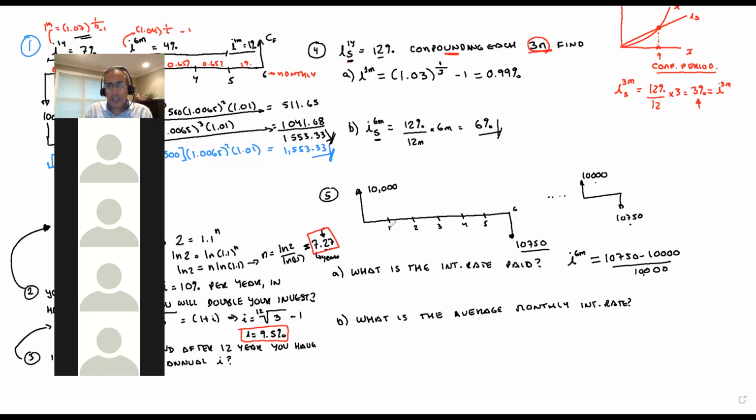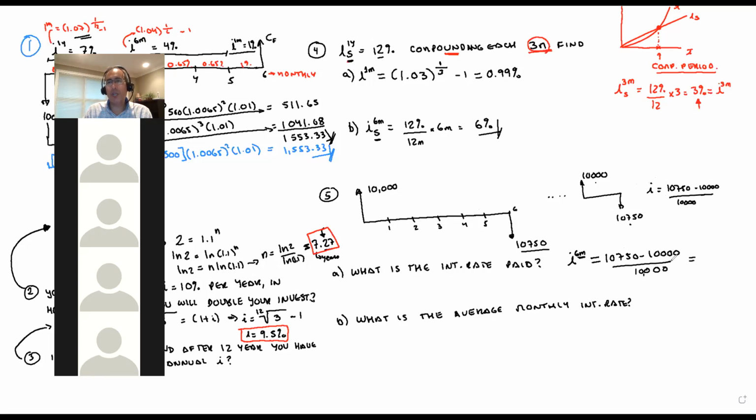The only thing that these numbers here are useful for is to identify the periodicity of the rate. Got it? So here, what you know is that the formula is going to be the same, of course, 10,750 minus $10,000 divided by $10,000. The formula is the same, but here you assume that this is one period. In here, you are assuming that I give you the graph, so you know that this interest rate corresponds to 6 periods.